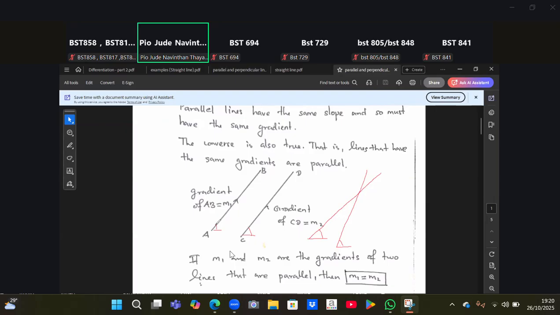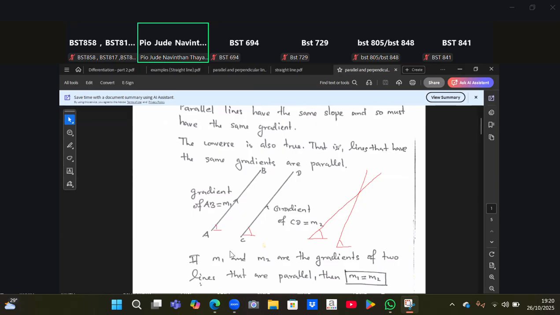So what will the examiner ask? Maybe a line is given, for example y is equal to 5x plus 7, and they ask you to find the parallel line.